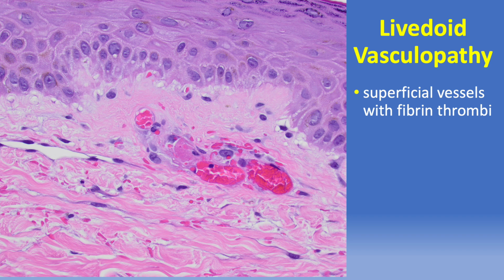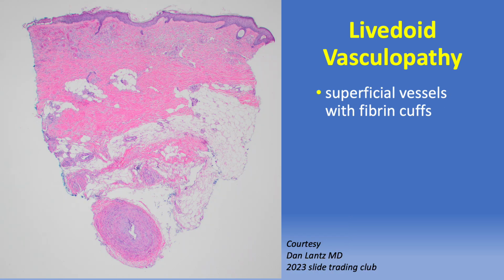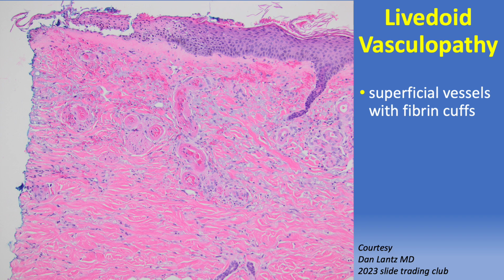Occluding fibrin thrombi may be seen in the early stages of the pathologic process, with superficial vessels associated with fibrin cuffs, as shown in this example, courtesy Dr. Dan Lance, via our mutual slide trading club, with small superficial dermal vessels associated with fibrin cuffs and a sparse inflammatory background.